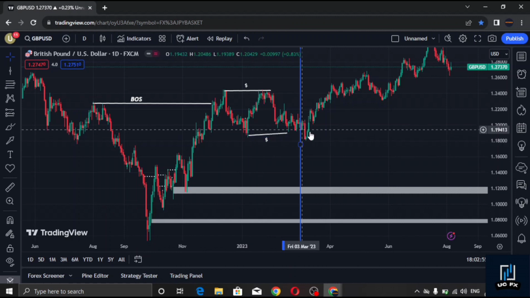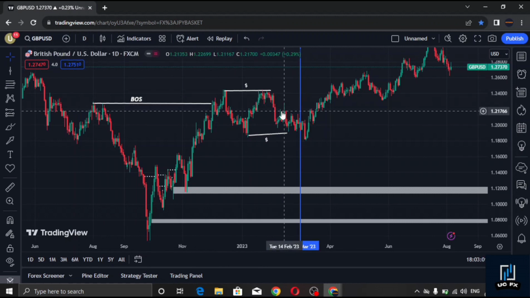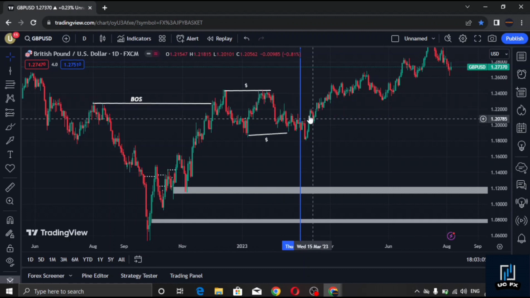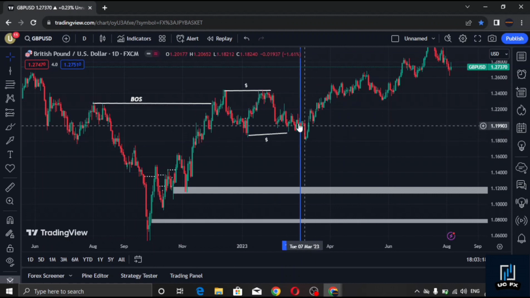Remember, this is a daily chart. Each time the market takes out a significant high and makes a little bit of a drop, most traders will still want to enter a sell position. And unfortunately, the market kept going up. So all this liquidity in this area is what we call the sell side liquidity.